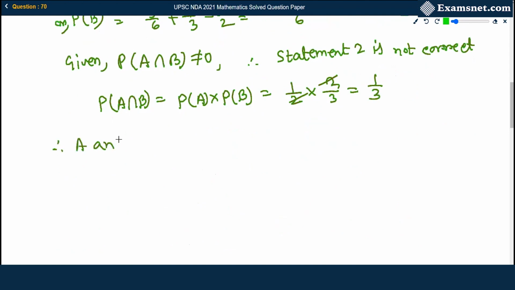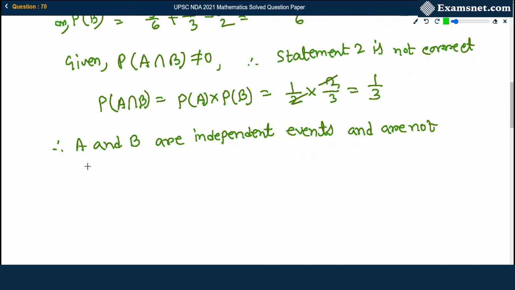Therefore, A and B are independent events and are not mutually exclusive events.